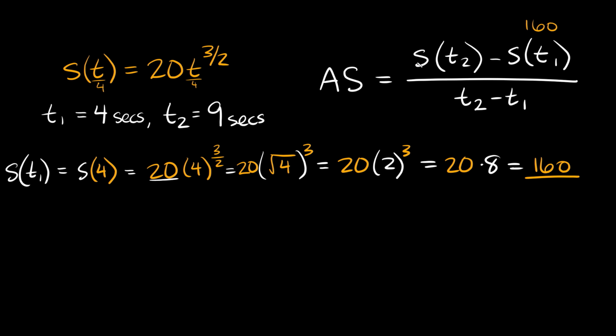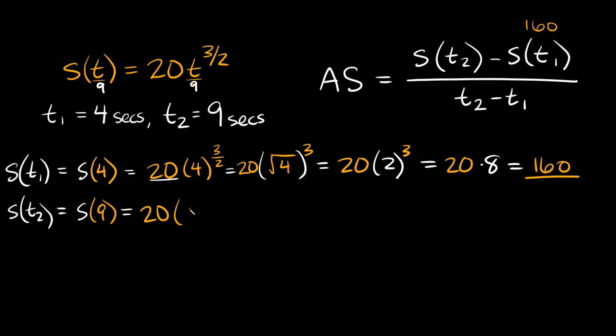Now we need to just find s of t sub 2. In this problem, we're given that t sub 2 is equal to 9, so this time we're going to plug in a 9 right here for t. So s of t sub 2, which again we said was 9, is going to be equal to 20 times t raised to the 3 halves.